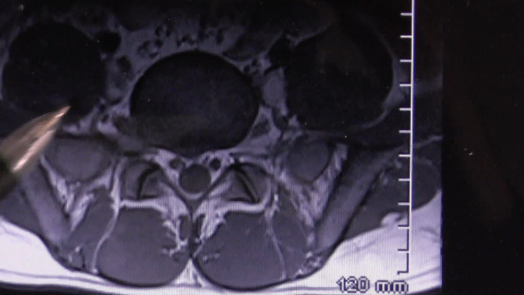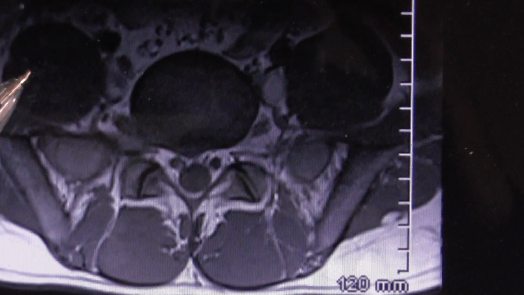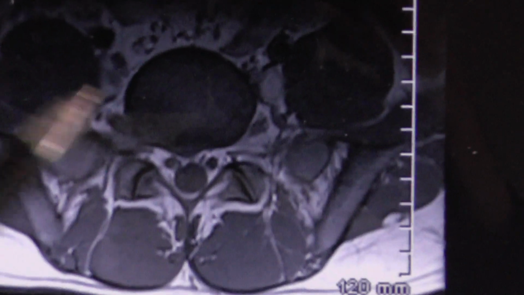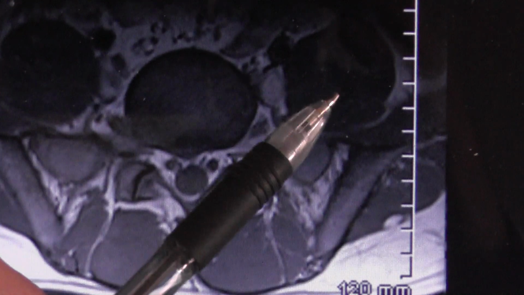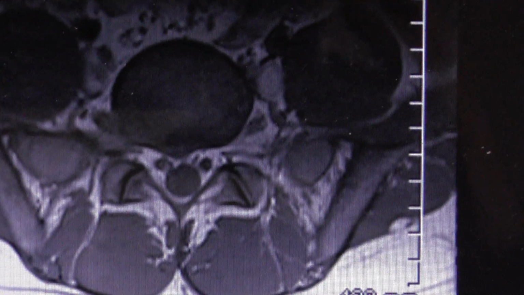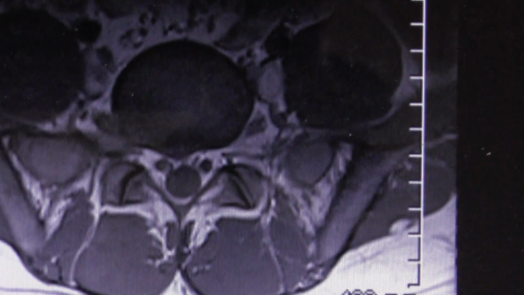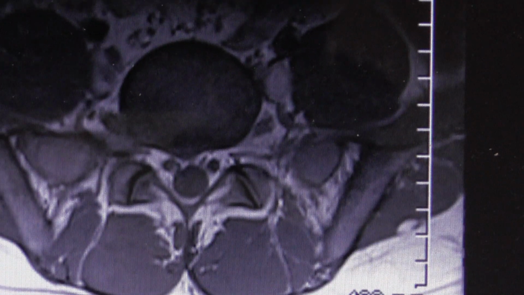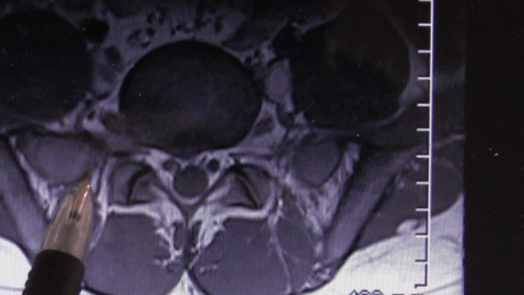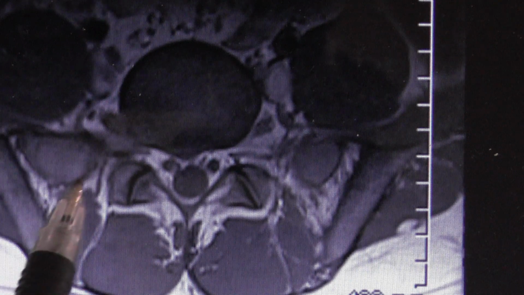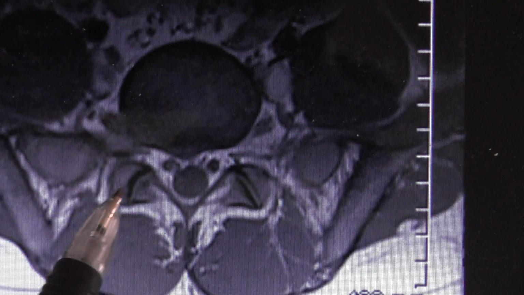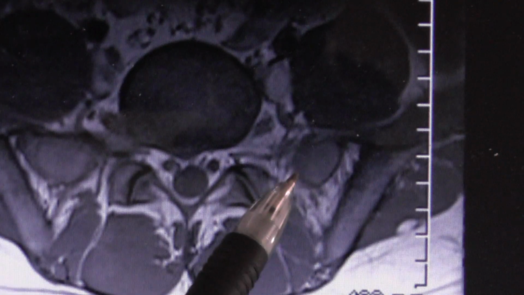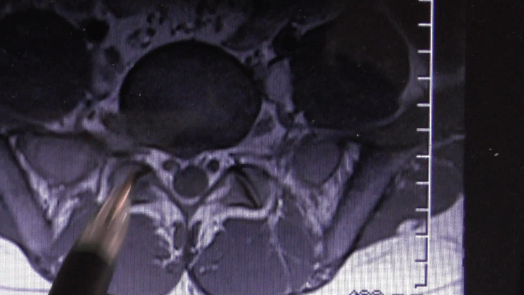muscle mass here, which is the psoas muscle, if I'm correct, has some asymmetry, and at this level you're appreciating part of the sacrum here and part of it here perhaps, and this is a lumbar facet.